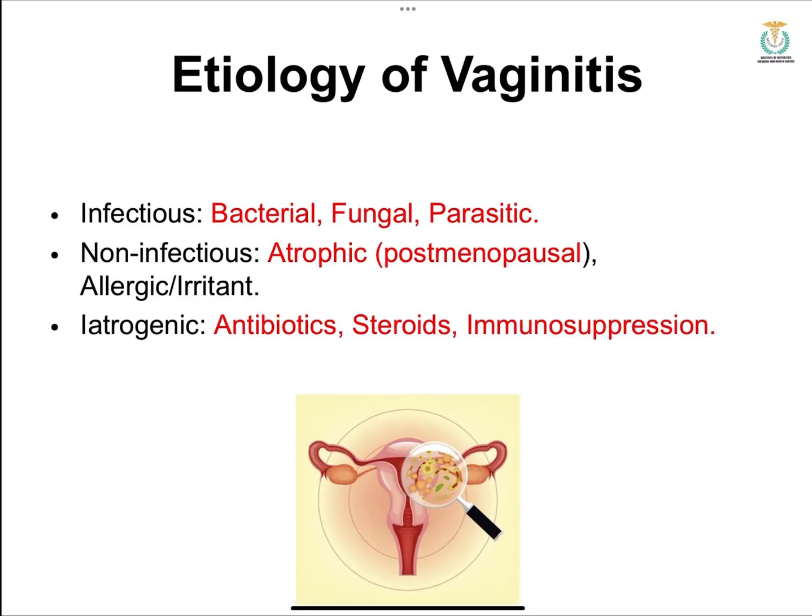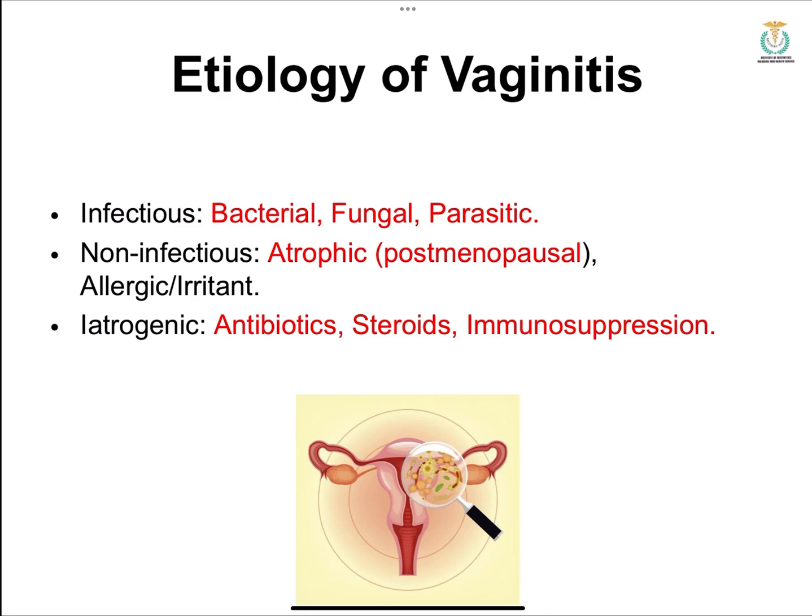So what causes vaginitis? What is the etiology of vaginitis? Infectious: bacterial infection, or fungal, or parasitic. Non-infectious: atrophic, postmenopausal, allergic, irritant. Iatrogenic, maybe because of antibiotics, steroids, or immunosuppression. There are three main infectious causes, as I've mentioned: bacterial, candidiasis, trichomonas.